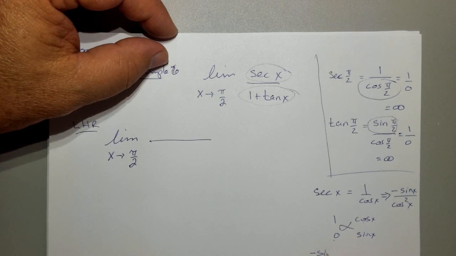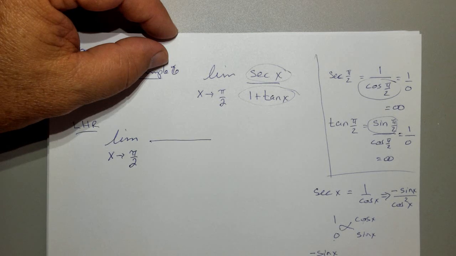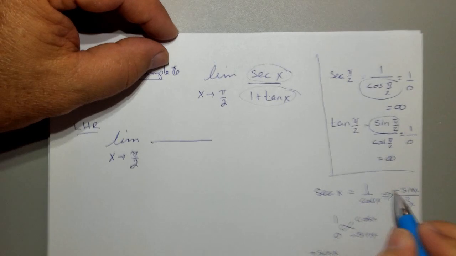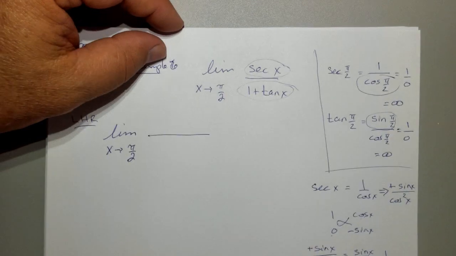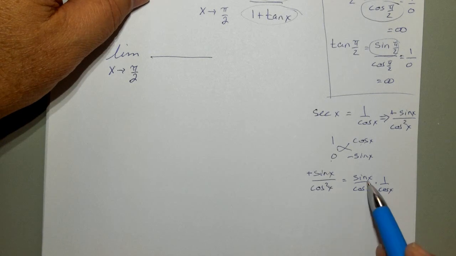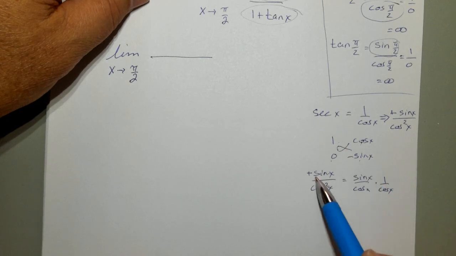So negative sine x over cosine squared x is the same thing as... Sorry. The derivative of cosine is negative sine, so the two negatives cancel, so it's positive.